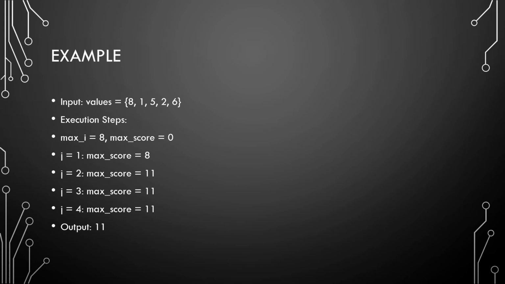For j equals 1, max_score equals 8. For j equals 2, max_score equals 11. And for j equals 3, max_score is also 11. For j equals 4, max_score still remains 11. The final output is 11.